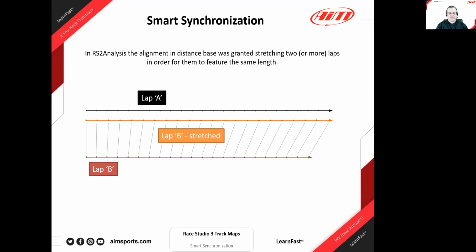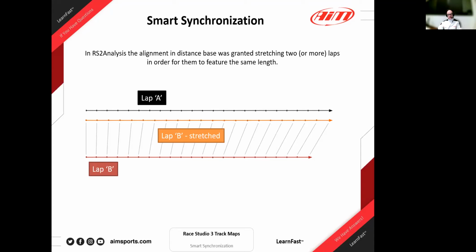And Emiliano, maybe you can explain a little bit on Race Studio 2 versus Race Studio 3 and how lap A and lap B work in these two different forms of motorsports software. Yeah, it's an eternal problem of data acquisition when you compare data coming from two different laps.